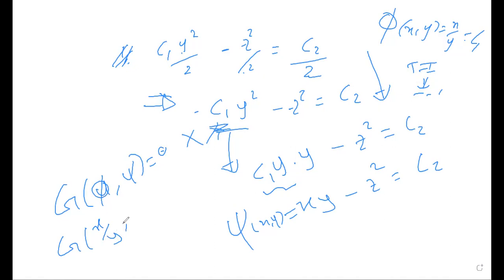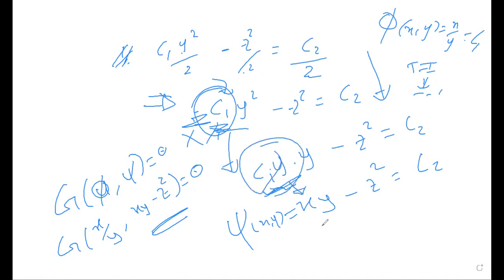So for phi, I can put this one. Psi, I can put this one. This is equal to 0. So small differences. When you are writing again for the psi, you don't have to use your earlier C1. You have to replace whatever you have taken. So this will be the type 2 answer.